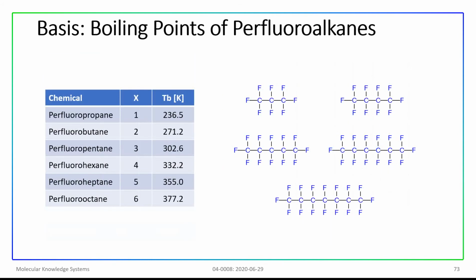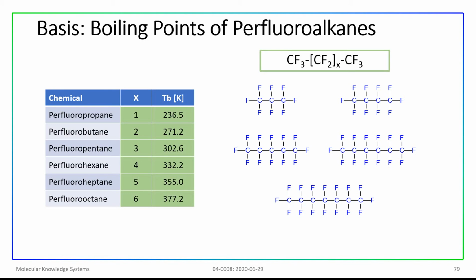We can do the same analysis for another class of chemicals. Here is boiling point data for a series of perfluoroalkanes. The data are for perfluoropropane, perfluorobutane, perfluoropentane, perfluorohexane, and so on through perfluorooctane. All of these structures have the same form, a CF3 group attached to one or more CF2 groups, which are then attached to a final CF3 group.